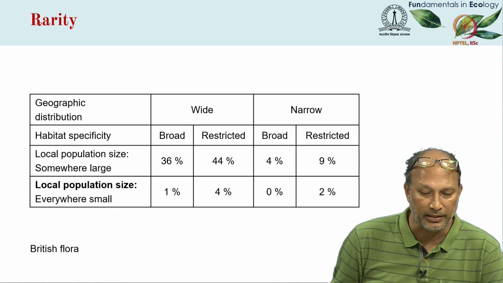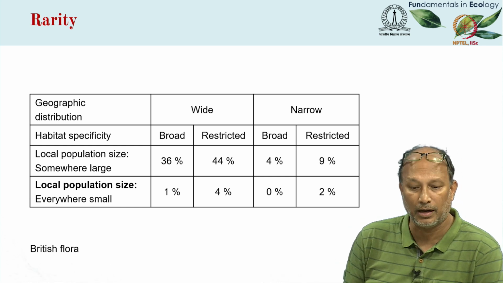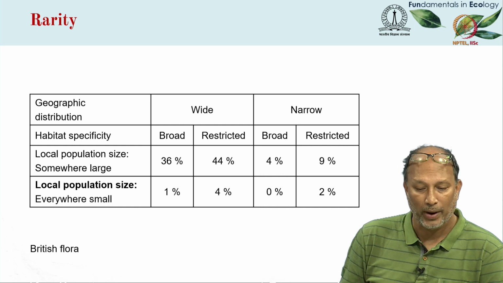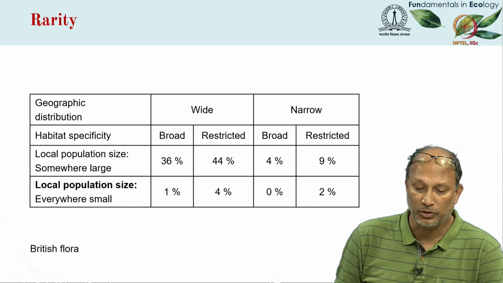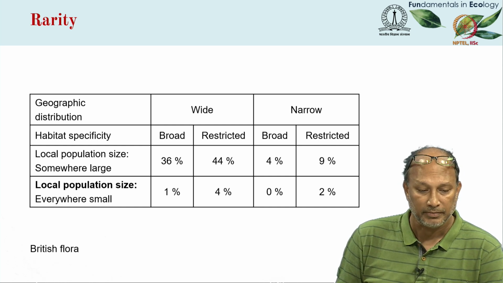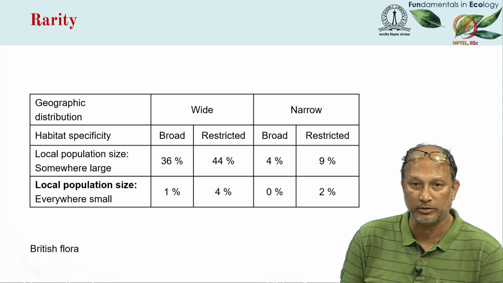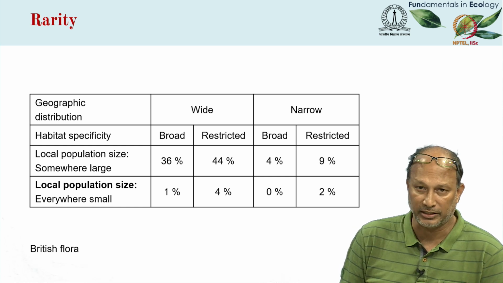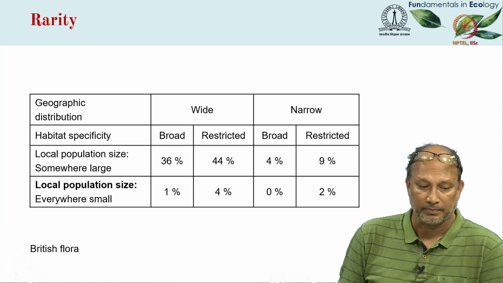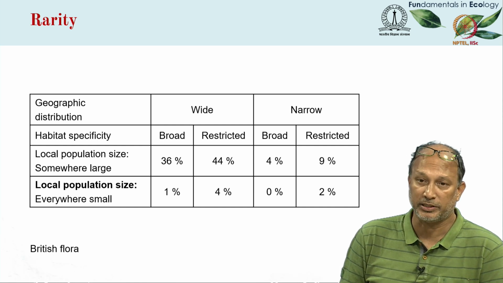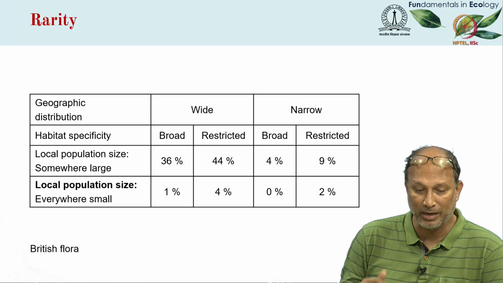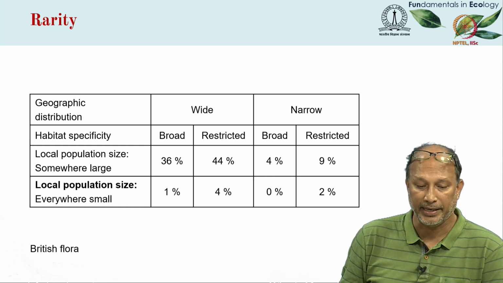As you can see here, geographically widespread species tend to have large populations, at least at one of their locations. If you look at British flora, for example, 36 and 44% of widespread species, while being broad and restricted in habitat, were somewhere large.